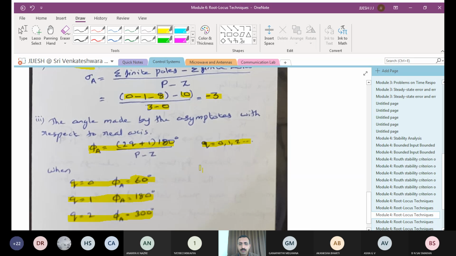All of you can make a note of these things and try to plot it in the S plane. This is an example; when numericals come, you can plot in the same way as per the requirement.